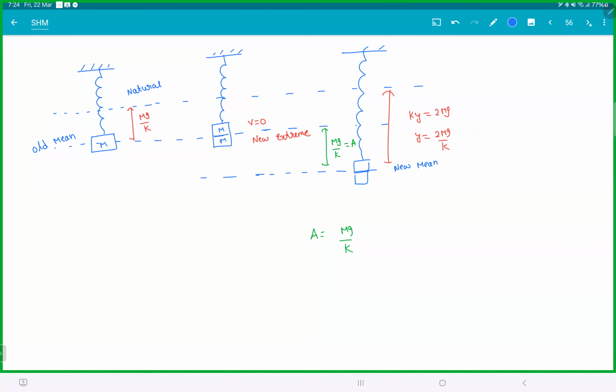Make sense? If they ask you how much further will it go, I can do that also. It will go one more amplitude A down and stop. That will be the maximum elongation in the spring is 3 mg by k. Is this logic making sense? Since the particle here starts from rest, in an oscillation, the speed is 0 at extreme position.